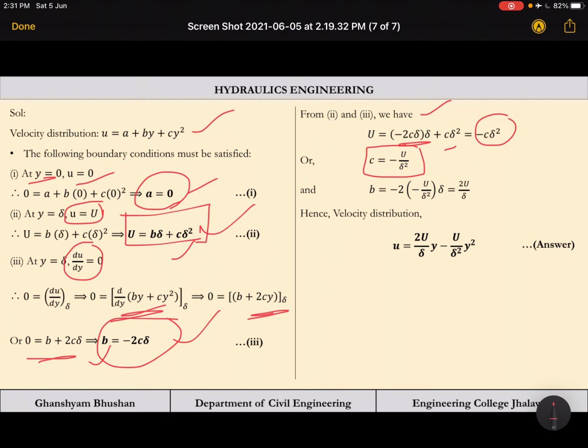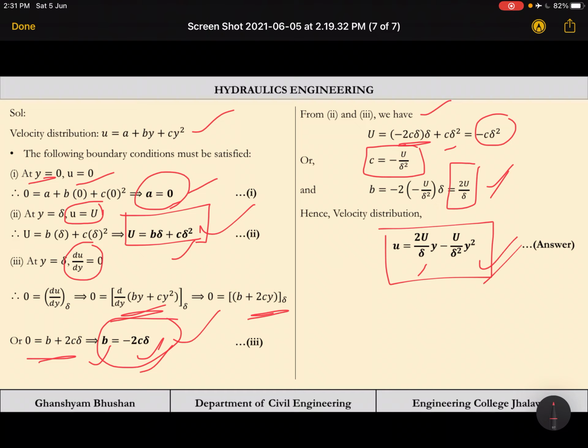Putting this in the third equation, we will get b as 2U by delta. So after putting all the values, u equals 2U by delta into y, minus U by delta square into y square.